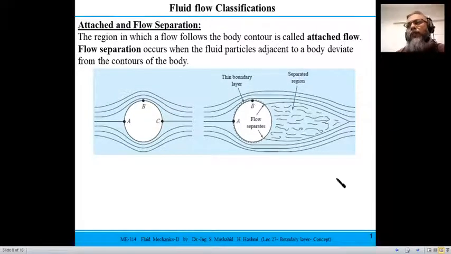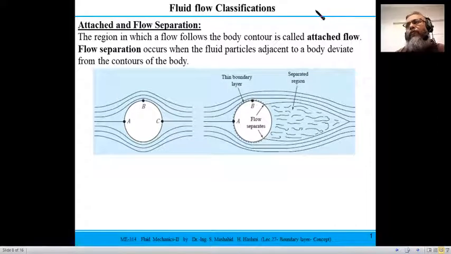In the later part of the course, we will look more closely at how the velocity changes and how the pressure gradient, which is responsible for this separated flow, is present. But for the sake of classification right now, for simplicity, we call such an ideal case a so-called attached flow. In reality we always have flow separation, and it occurs even when the cross-section changes.